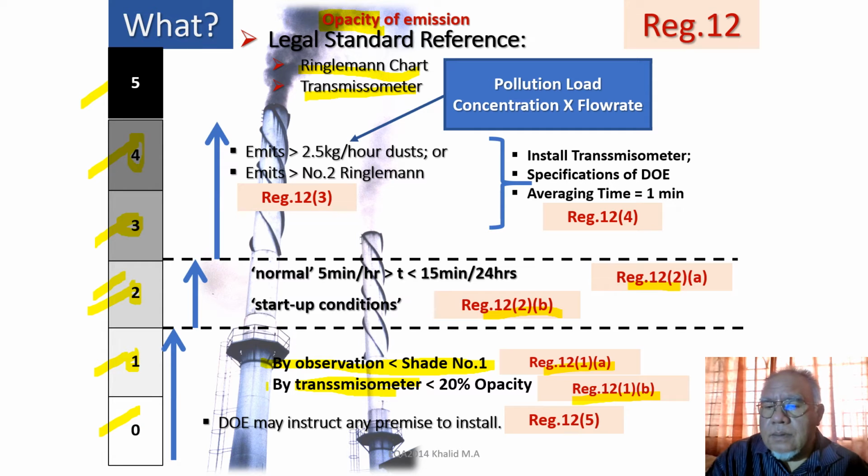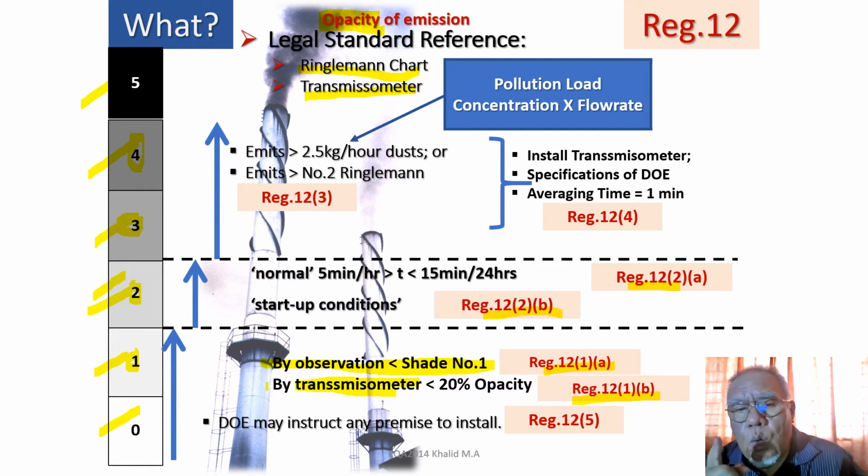Any premise subscribing to this law can emit smoke of any color with shade number 2 for 5 minutes in 1 hour, the most.